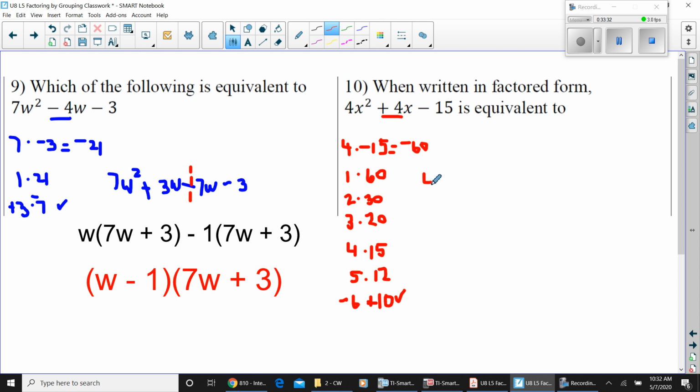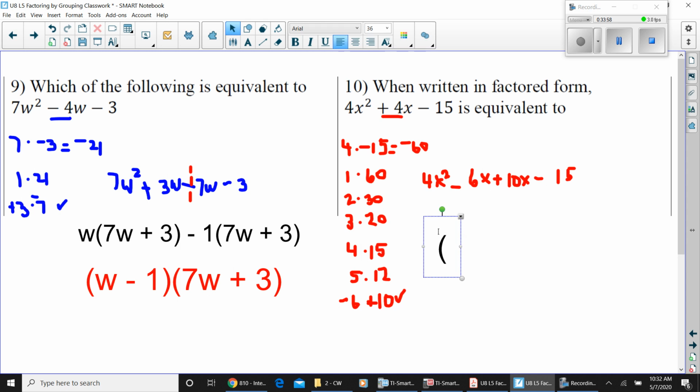So you bring down the 4x squared. You bring the negative 6x into it, because those are your factors. Then you add the 10x, and that will equal 4x if you combine those like terms, and then you minus the 15. You bring that 15 down.